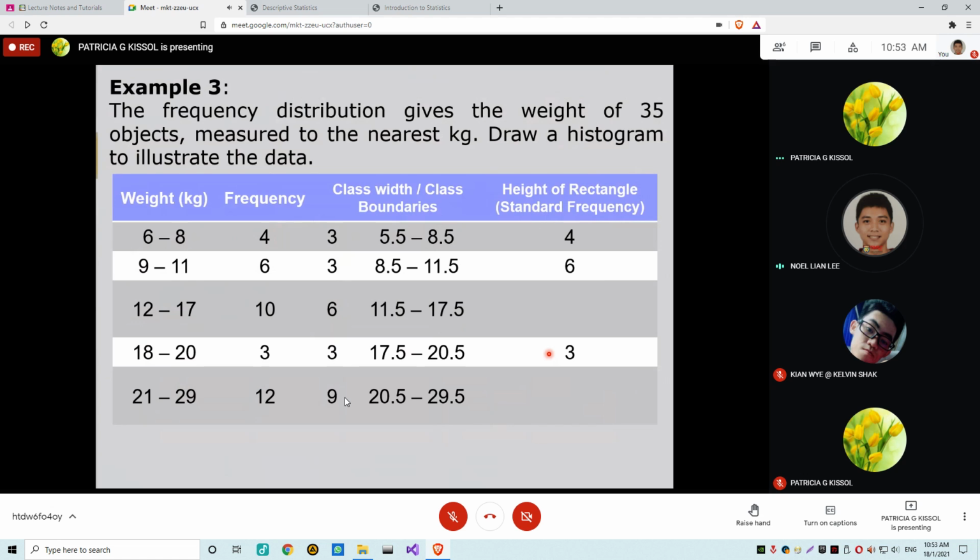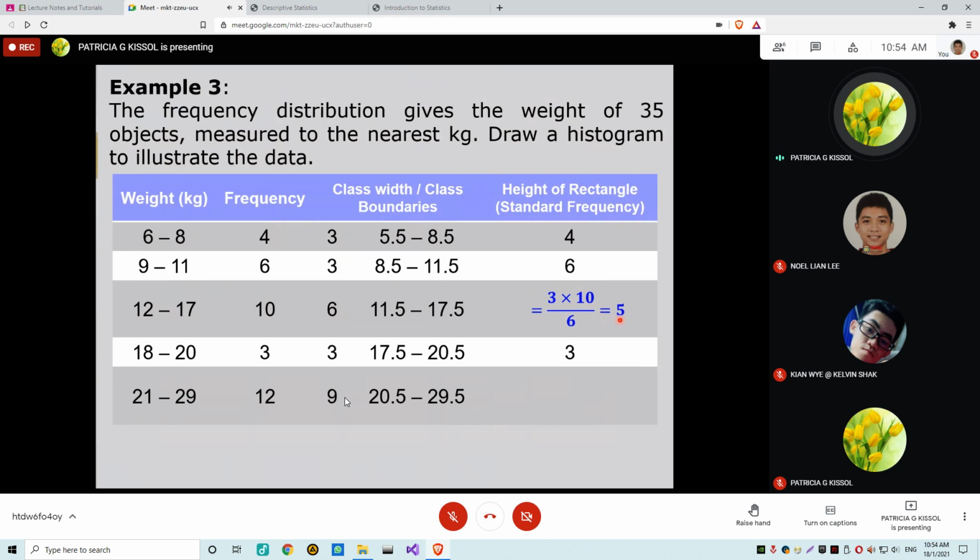Yes? Okay. However, for those with the bigger size, here it's 6, here it's 9, what we need to do is calculate what we call the adjusted frequency or standard frequency. 3 is the standard size, 10 is the frequency, and 6 is the size.